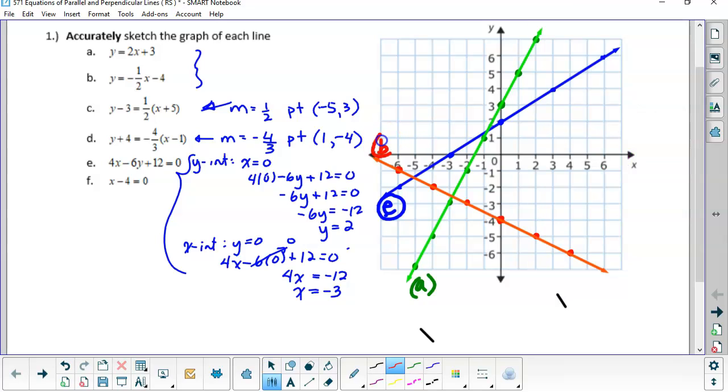So that's B. All right, so then the slope point forms I already found. So now I'm going to plot -5, 3. So -5 for x, +3 for y. That's a point. I'm not using a y-intercept. Then I use the slope, up 1 to the right 2, or down 1 to the left 2.